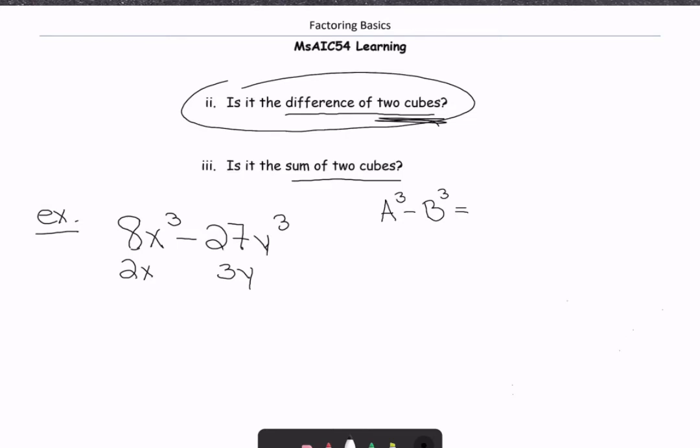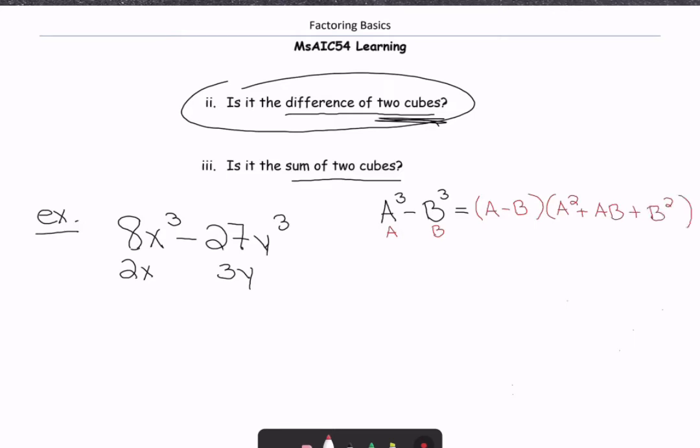The formula for that is, first of all, you take the cube root of each term, which is a and b, and then you plug it into this formula. First, you do a minus b. So whatever your cube roots are, you just subtract them. Then you do a squared plus a times b plus b squared.